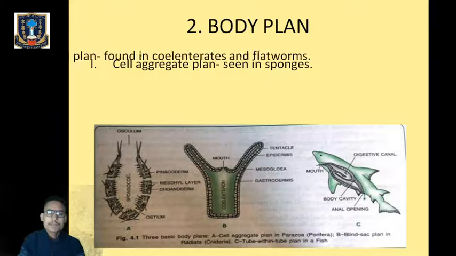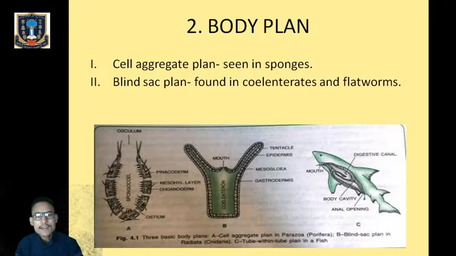The next one is our blind sac plan, which is seen mainly in coelenterates and flatworms. The blind sac plan, figure B. In these animals, the body is sac-like, as you can see in figure B. It is a sac-like structure with a single central cavity.